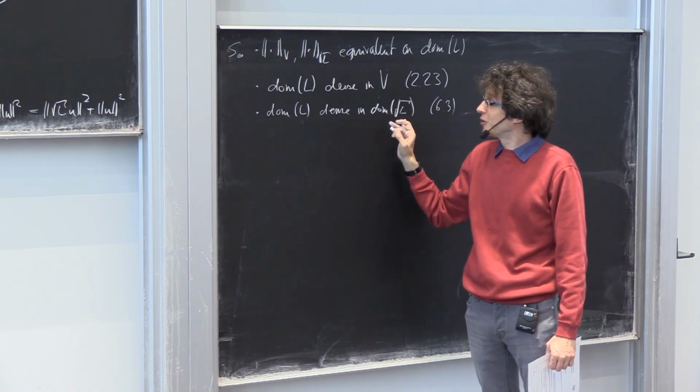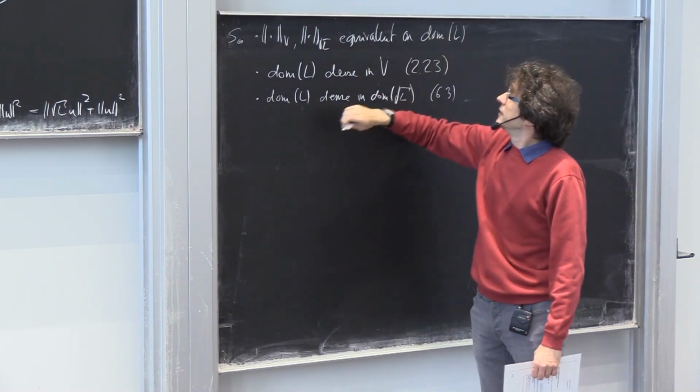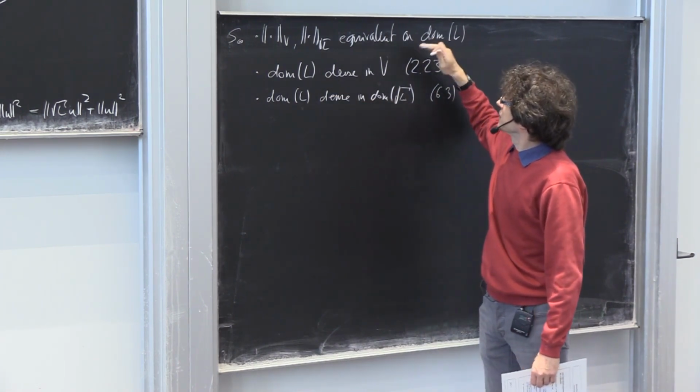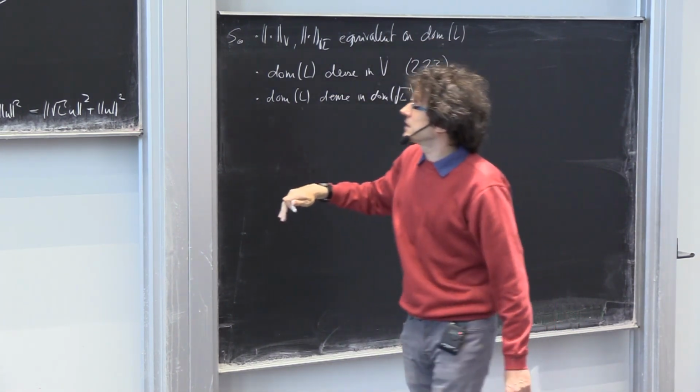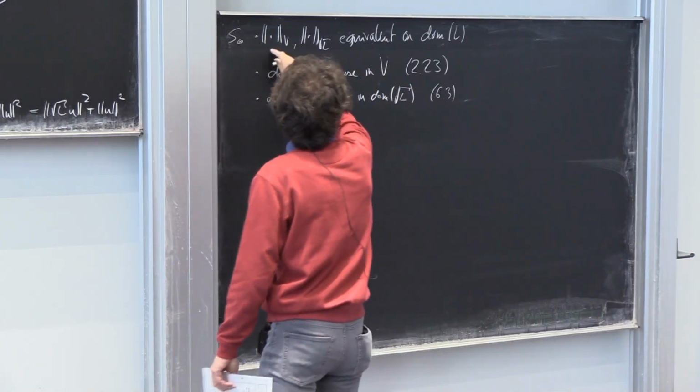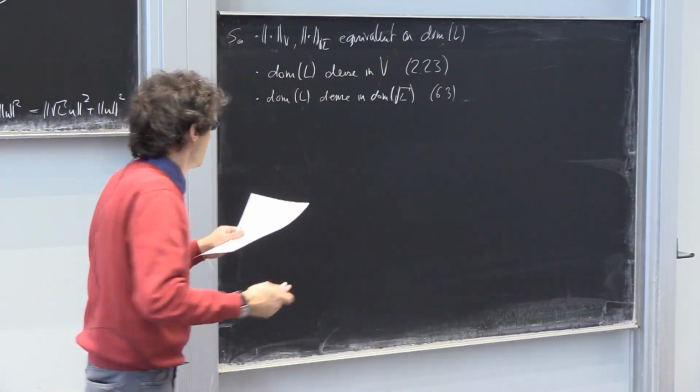Being a core means dense with respect to the graph norm. So the domain of L is dense in V, and dense in the graph norm, and you have this equivalence of the two norms on the domain. Now you can lift it by density.